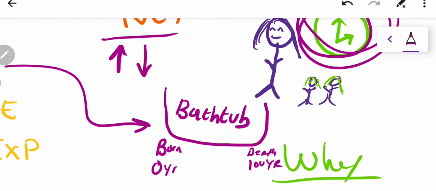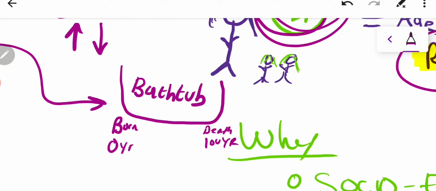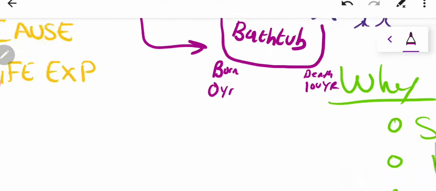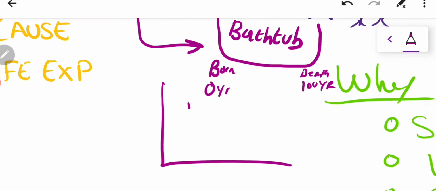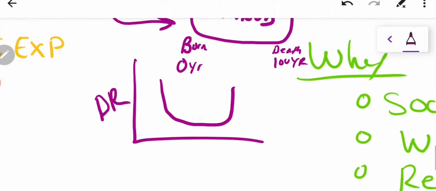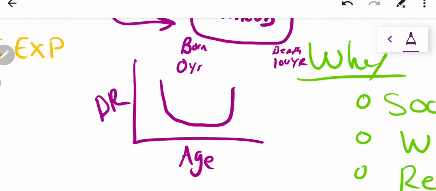So on either side of the spectrum, you're more likely to die. Think of this as an XY axis, where this is death rate potential, and this is age, and age increases. When you're very young, you have a high likelihood to die, and when you're old, you have a high likelihood to die. In the middle, you have a lower likelihood.